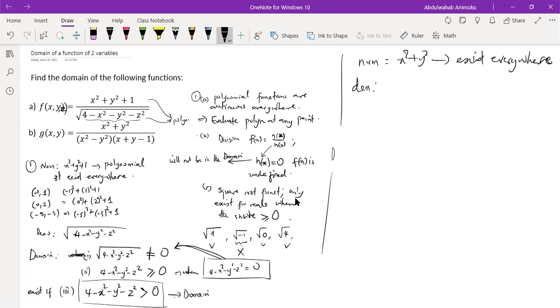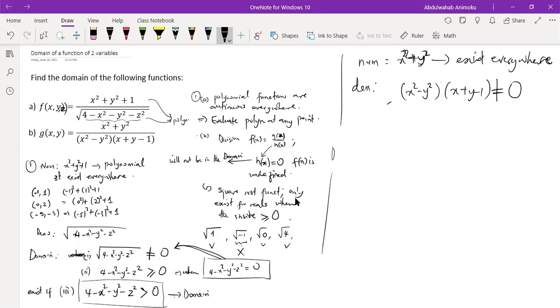Now, what we need to be wary of is the denominator. We know that our denominator must not be 0. So all points that would make the denominator equal to 0 will not be part of this domain, right? So this must not be equal to 0. The points that satisfy this would be the domain itself, because the numerator exists everywhere, so we have no restriction on x squared plus y squared.